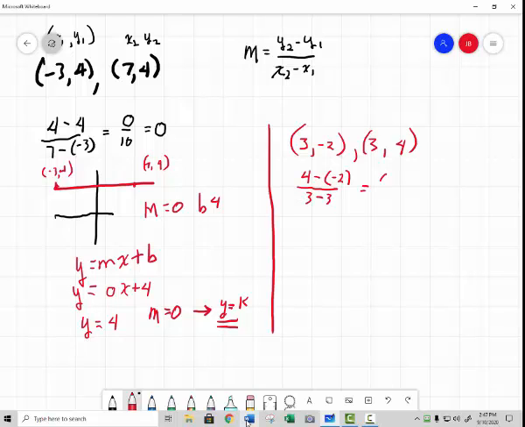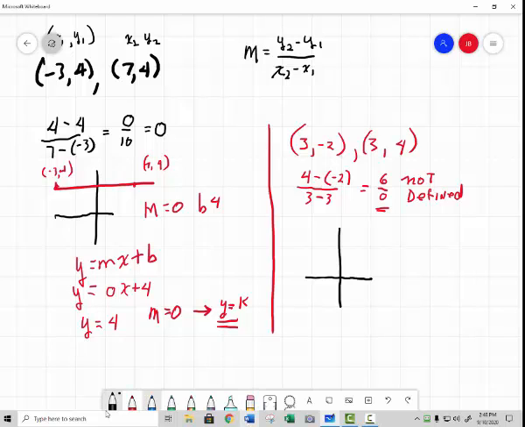So I get 6 divided by 0. And that's not defined. You cannot divide by 0. That's simply not permissible.